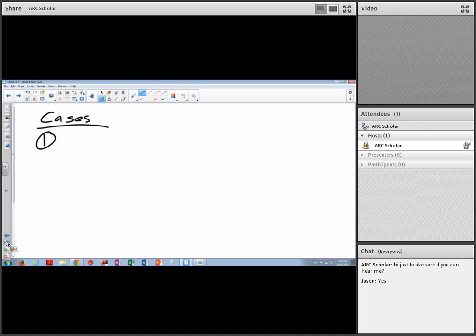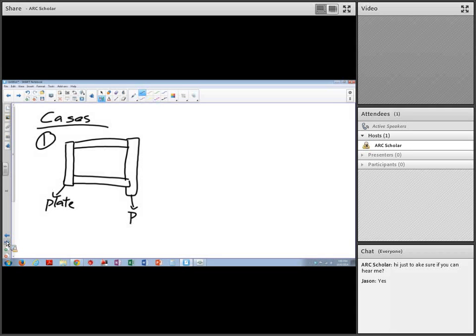The first case is there are 2 plates here, and there is bar 1 and bar 2.